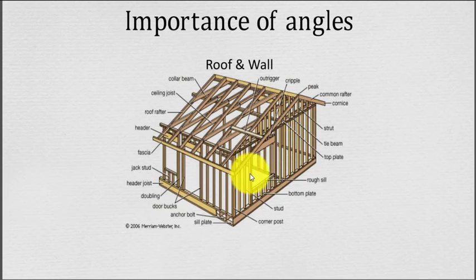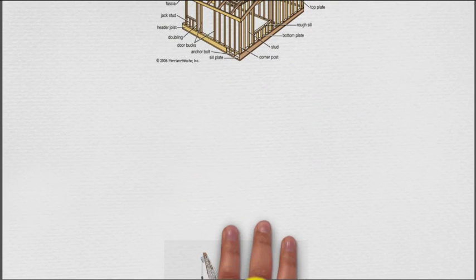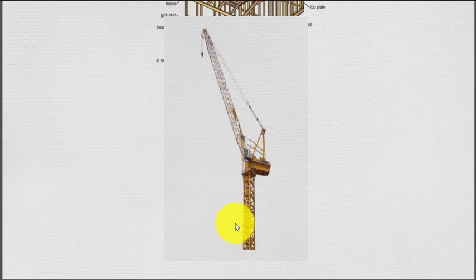Yes, it is very important in construction. We cannot leave out angles. Here, if we look at this heavy duty crane, it is full of angles, is it not? Yes, angles are built into it, so it makes the crane strong to lift heavy objects.